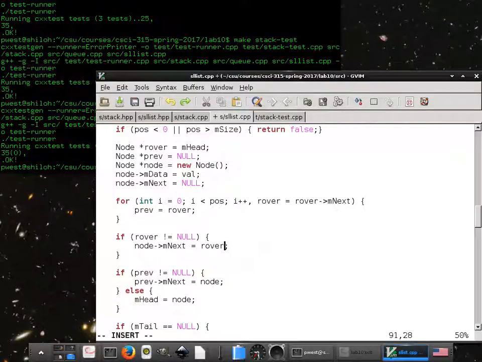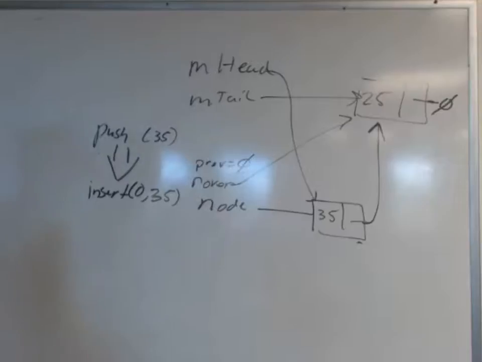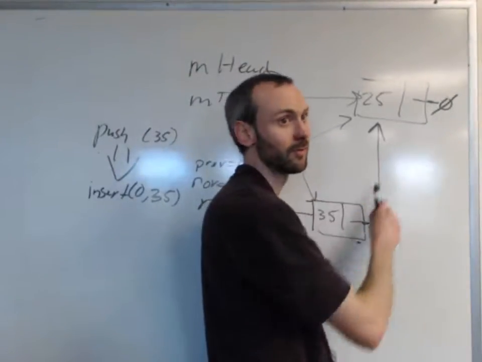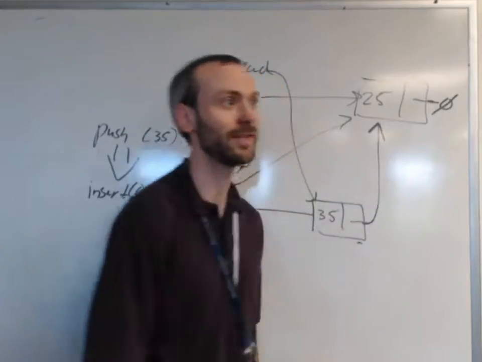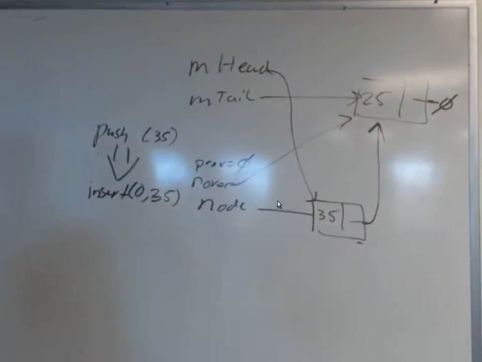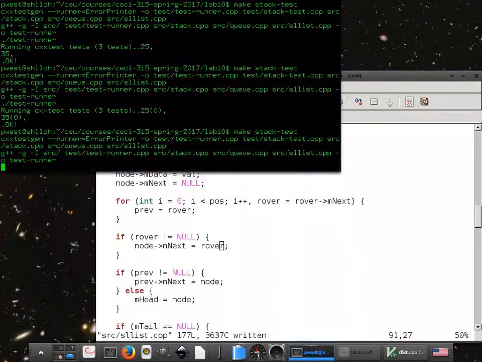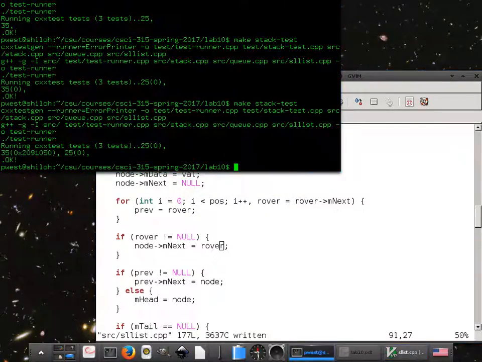It's just equal to rover. Aha. Because rover->next would have been taking this guy and moving him to here, which is not what we wanted. We wanted to go up. So we drew it correctly and typed it wrong. I knew that. Totally. Errors will get you every time. There we go. That's what we wanted.